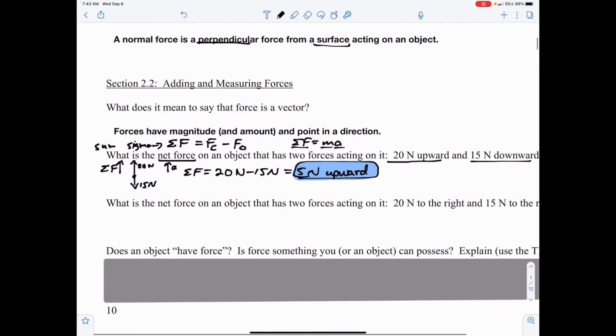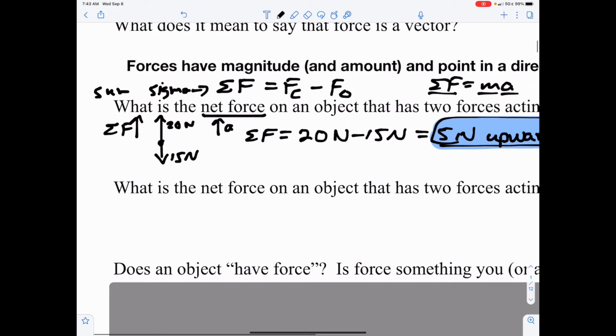Next example. What is the net force on an object that has two forces acting on it, 20 newtons to the right and 15 newtons to the right? So we have this dot and two forces, 20 newtons to the right and 15 newtons to the right. Net force would be causing force minus opposing force. And guess what, guys?